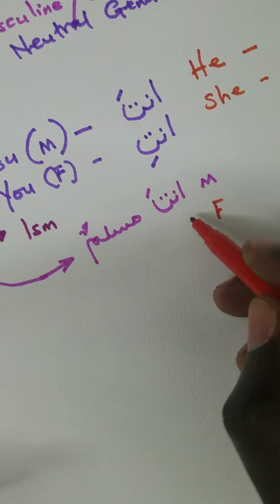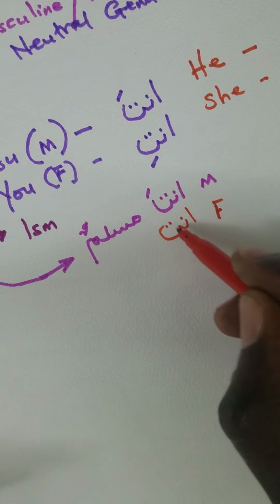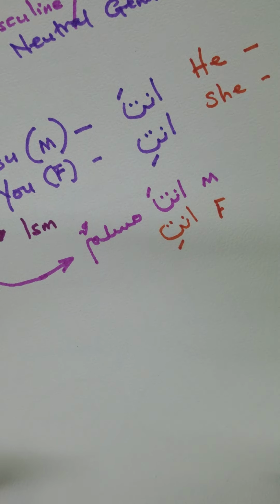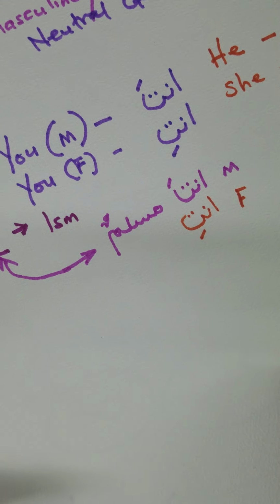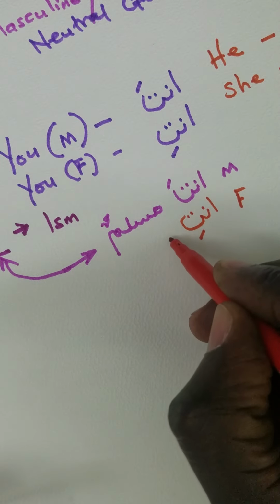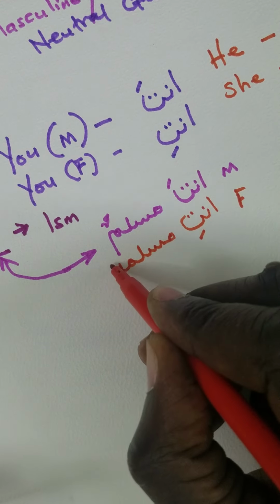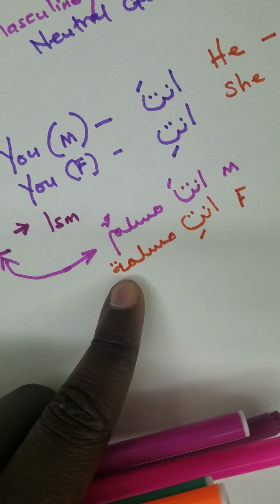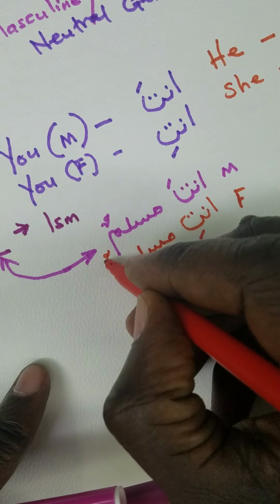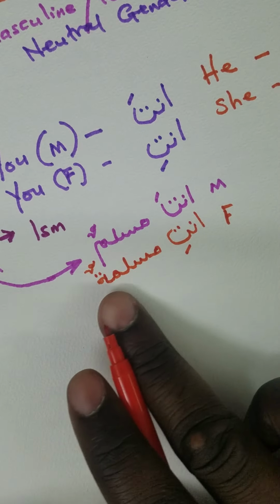For female you will use "anti." The word for female Muslim is "Muslima," but in case 1 we're going to put a tanween, so it will read "anti Muslimatun."